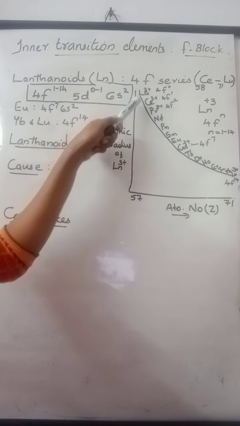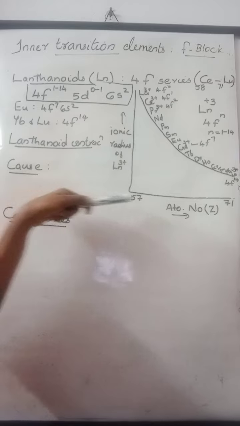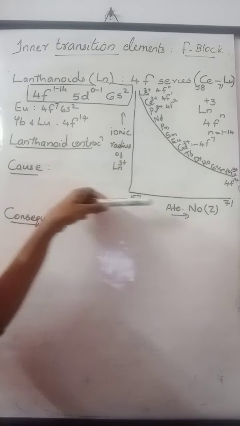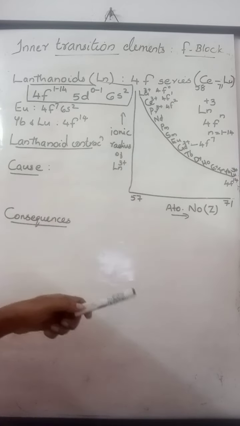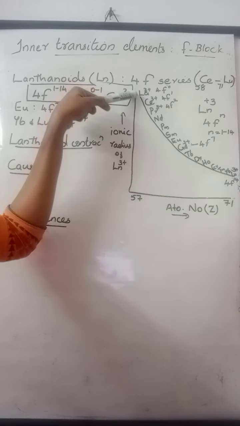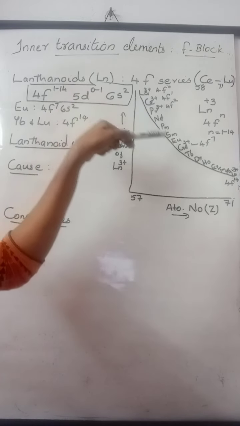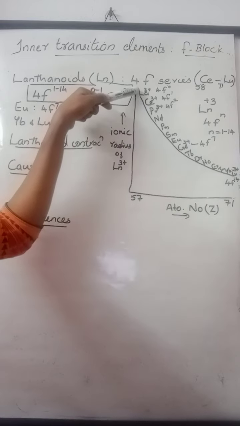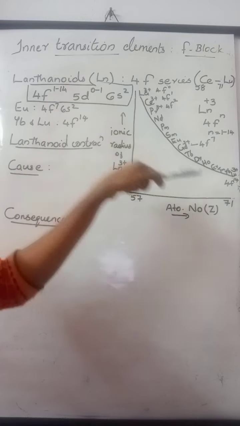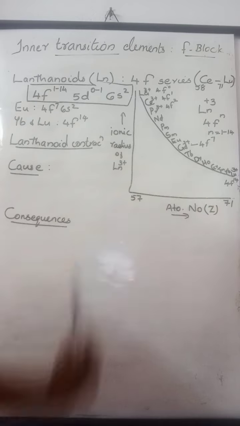We can see a steady decrease in ionic radius with increasing atomic number. The ionic radius of lanthanoids decreases from lanthanum to lutetium.